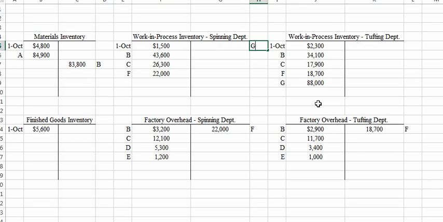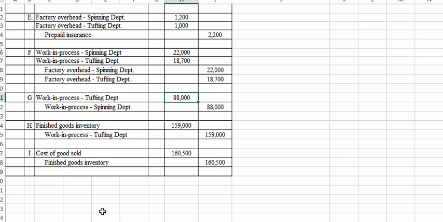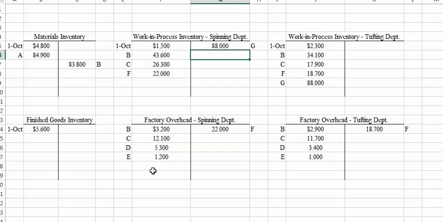So here we've got a credit on G to the work in process spinning account for $88,000. See it over here. We debited work in process tufting for $88,000. The credit was to work in process spinning, and that's what we brought over here. Debit to work in process tufting department, credit to work in process spinning department on G.